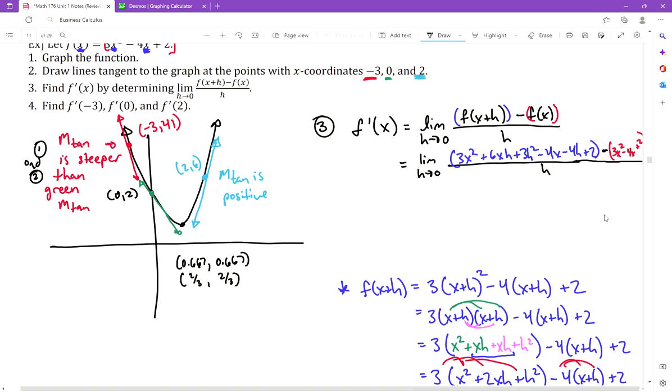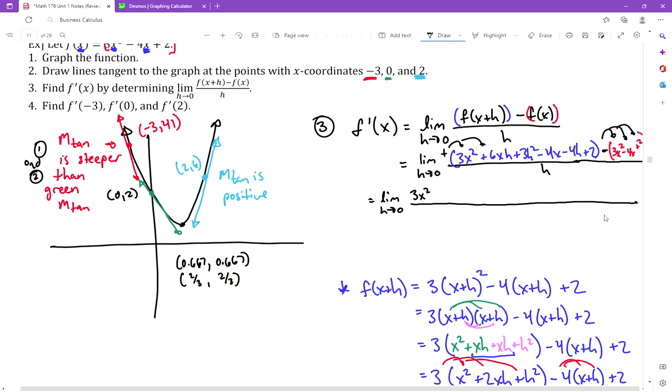All right, and then now we still continue simplifying. This negative distributes to those three terms. We have the limit as h goes to 0. Let's get that big fraction bar just set up. We would have a positive in front of this blue parentheses. A positive distributing doesn't change anything though, so we'll just rewrite all those terms.